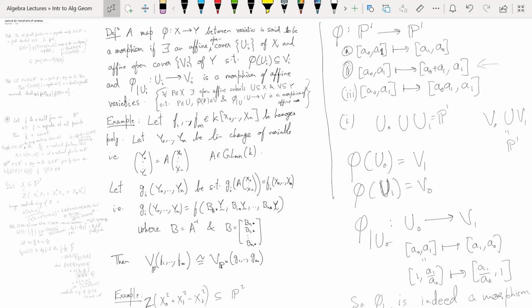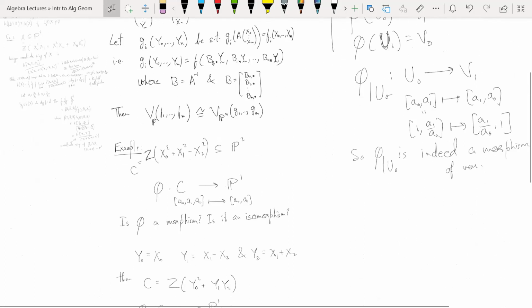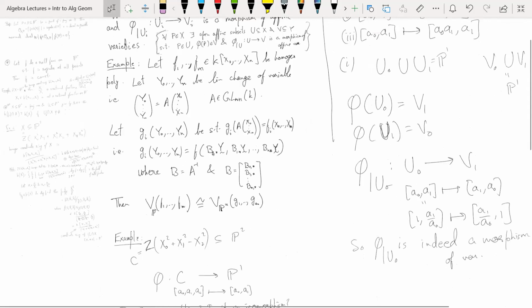So is it contained in v? It should be contained in the first quadrant. So maybe let's just work this out.